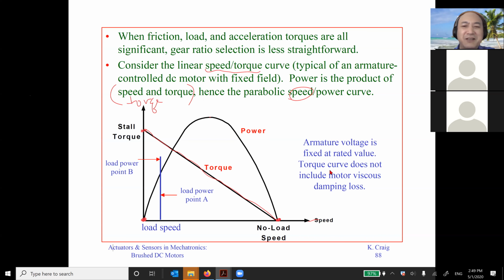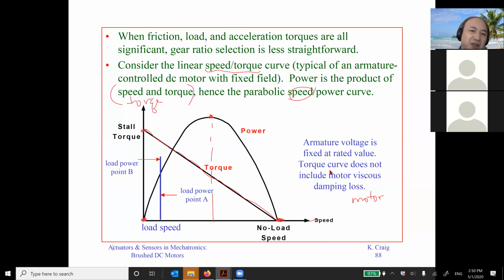But if you move very fast and you don't have a torque to carry, then your power is also very small. So in between, there is a peak point. If you want your motor working at maximum power, you should not go to the no-load speed or the stall point. There's something in the middle.